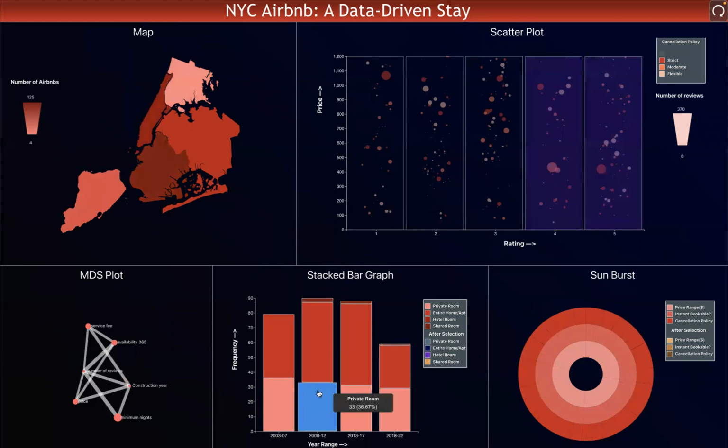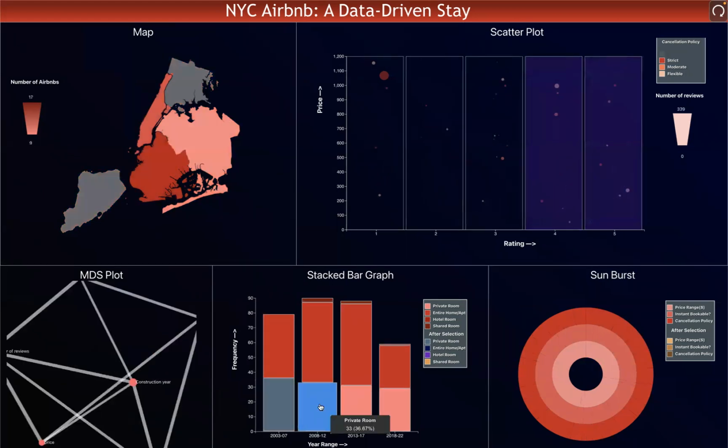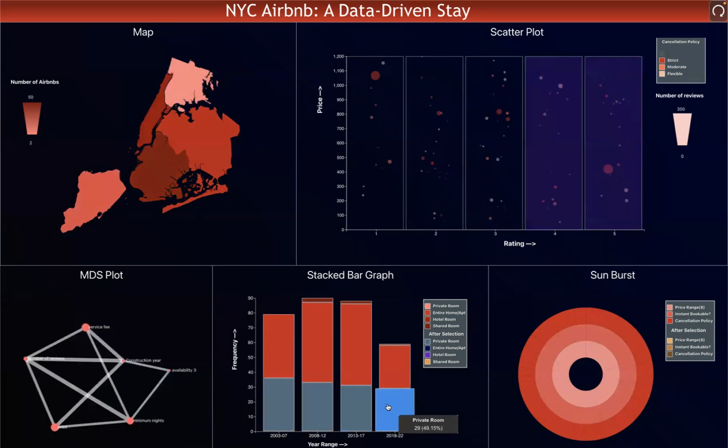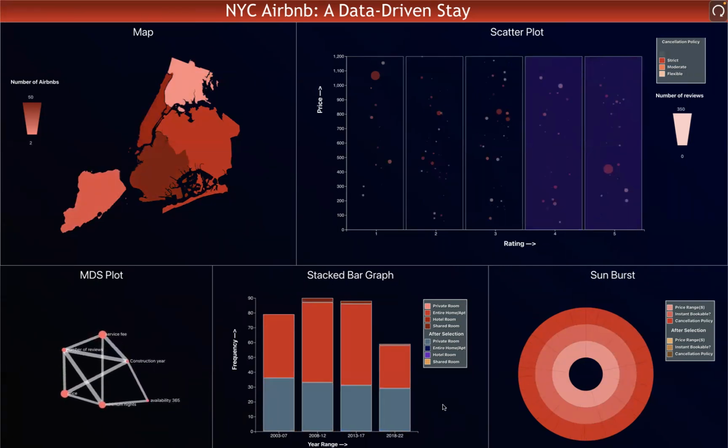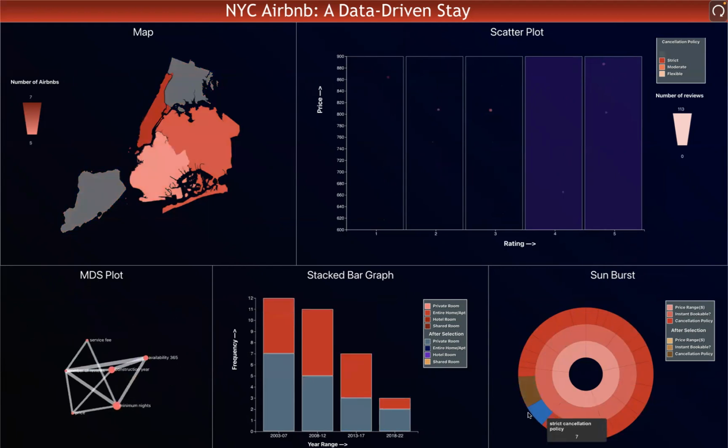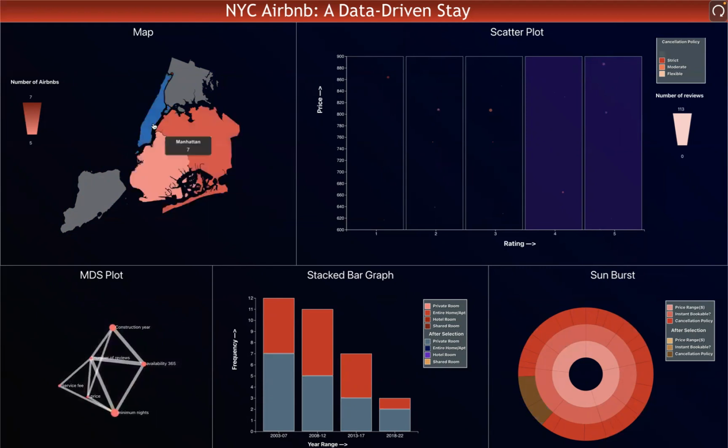So let's suppose I have a preference for private rooms, and I'd also want some sort of accessibility, like whether I want to instantly book my rooms, or whether I can cancel the rooms at any later moment of time. So I can apply more filters here, and accordingly I could check which region I could live in.